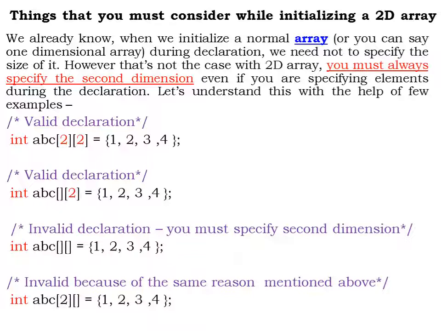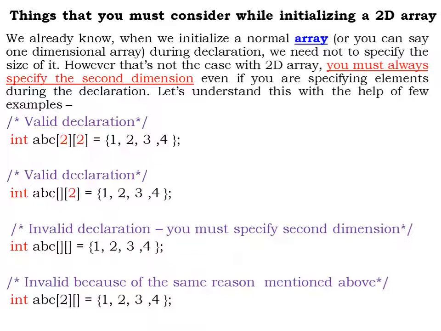And another example you can see where we have ABC as an array name of type integer, the first dimension value has not been specified, but the second dimension value has been specified as 2. So it is compulsory to specify the value in the second dimension, even if you have not specified any value in the first dimension.